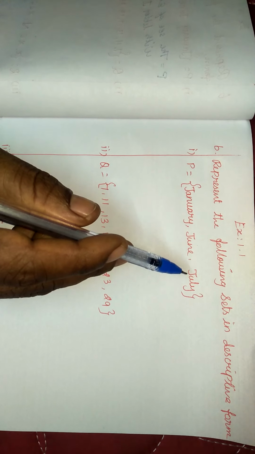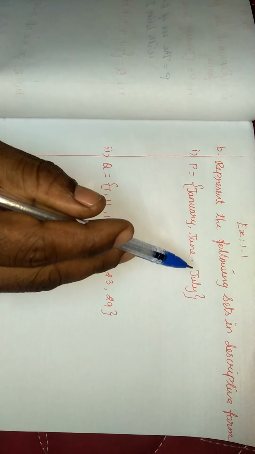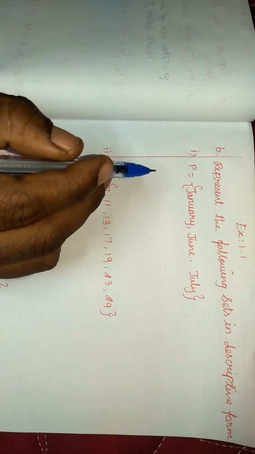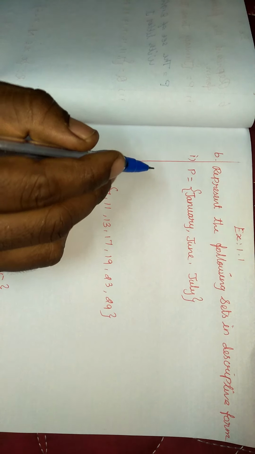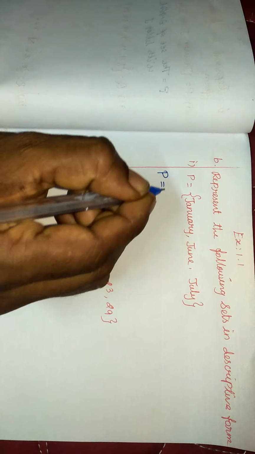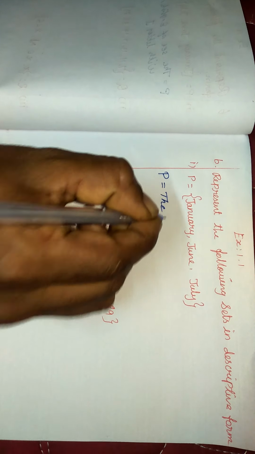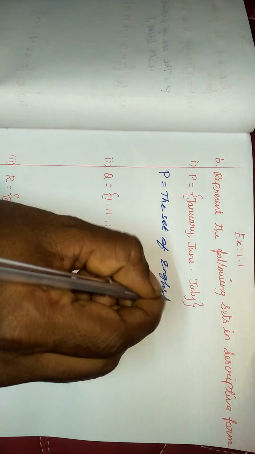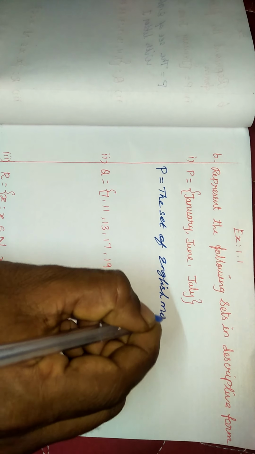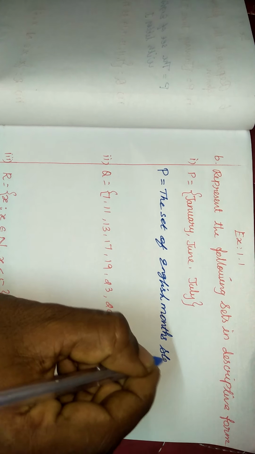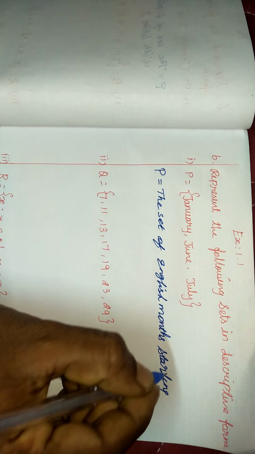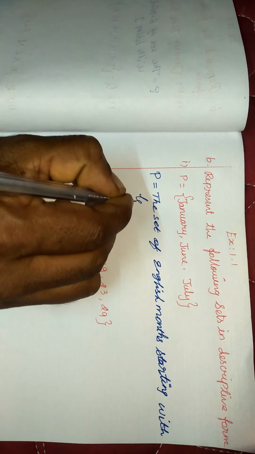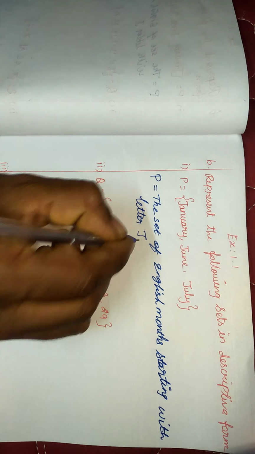If you observe the months, these are the English months, also starting with the letter J. Yes, we can write the descriptive form like P is equal to the set of English months starting with letter J.